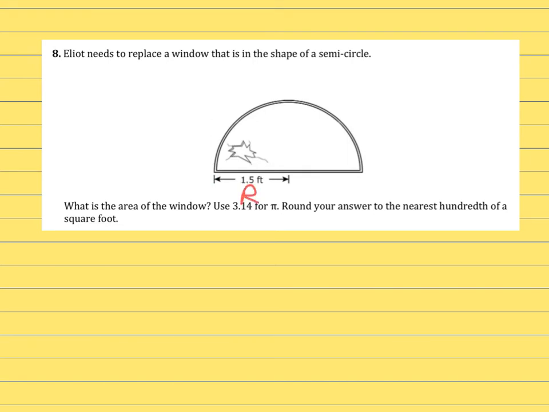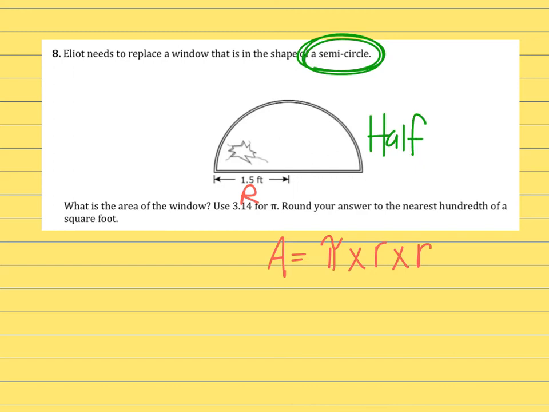So I can go ahead and keep that. To find area of a circle, you do pi times radius times radius. But because this is a semicircle, this is only half of a whole circle. So I need to divide by 2 at the end of my problem before I say the final answer.